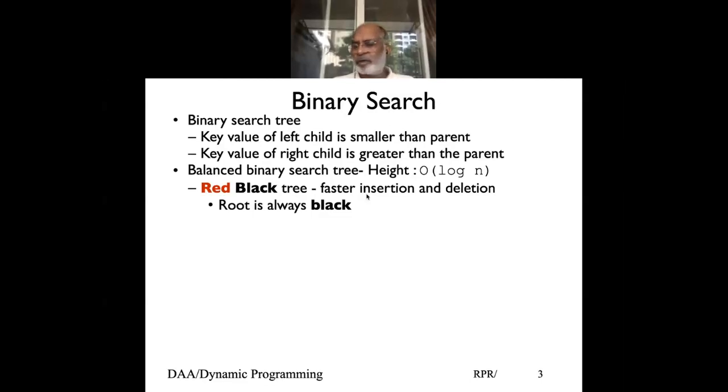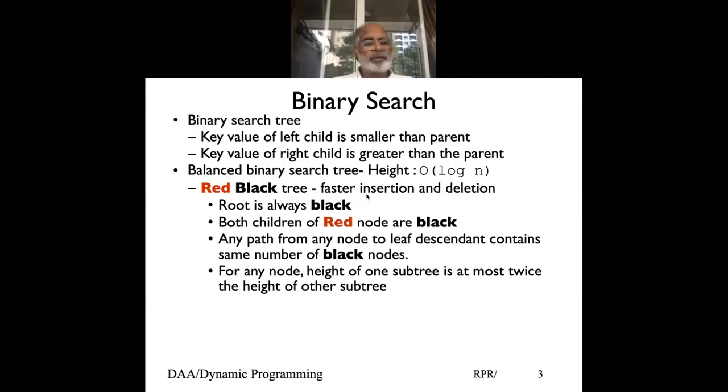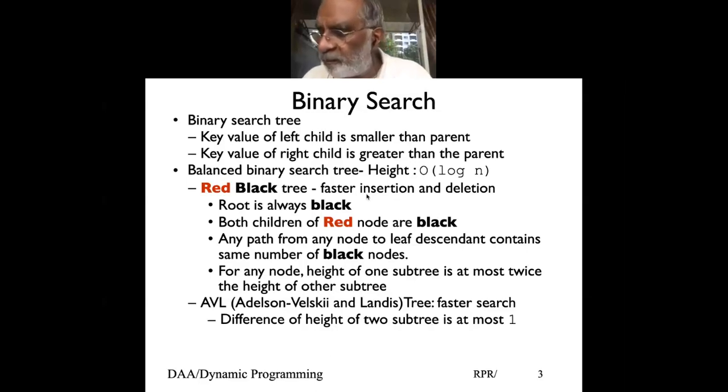In a red black tree, the root is always black. A red node will have only black children, and from root to all descendants, the number of black nodes would be the same. This is a typical property. AVL tree, which is also called Adelson-Velsky and Landis tree, basically gives us faster search. But we're not going to discuss red black tree or AVL tree.